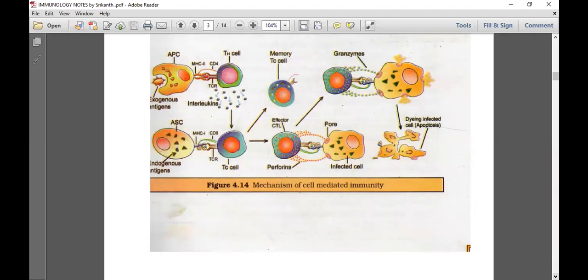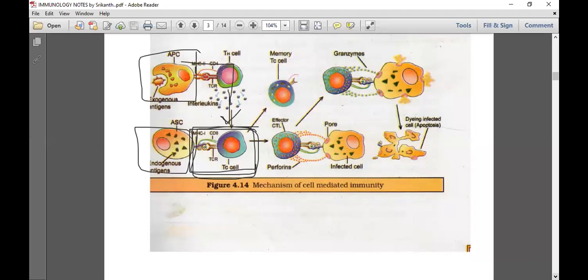So now the cell is presented to the T cytotoxic cell. So the T cytotoxic cell gets two possibilities: via MHC class 2 through the T helper cell, or directly from the MHC class 1 containing altered cell. What will it do then?